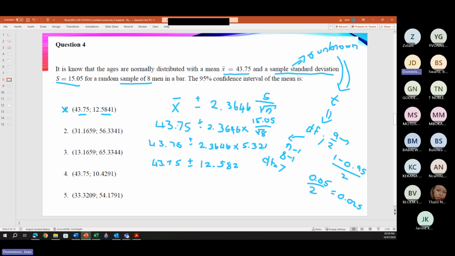The other thing, again, just quickly, the mean was 43.75. So let's just check. Yes, it can fall into those two. Okay, no, it can't. Yes, it can. So there are 3 options.